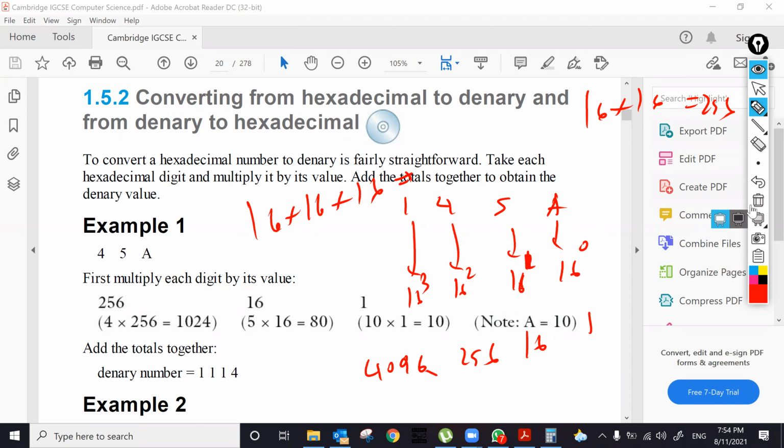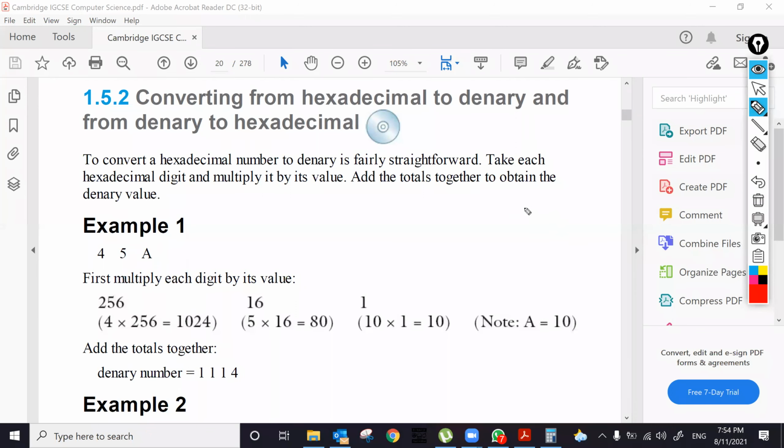You should know only these 4 values: 16 to the power of 0, 1, 2, 3. 16 to the power of 0 is 1, 16 to the power of 1 is 16, 16 to the power of 2 is 256, and this is 16 into 16 into 16, that means 4096.